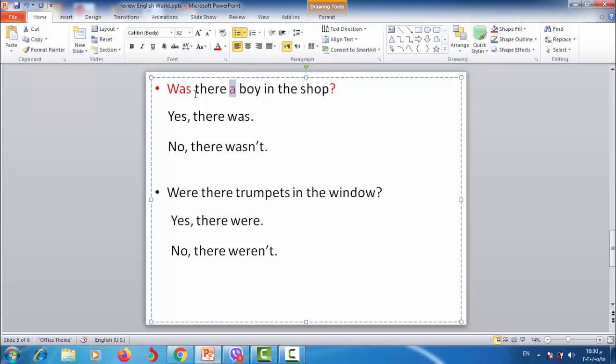Why was? Why not were? Because we have a. As I indicated before, a means one. So if the answer is yes, then we have to say yes there was.